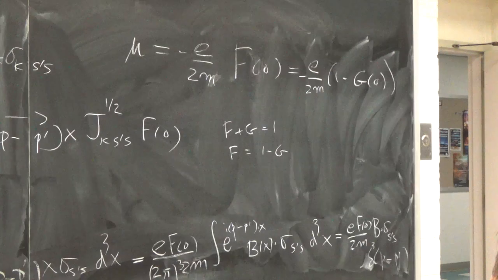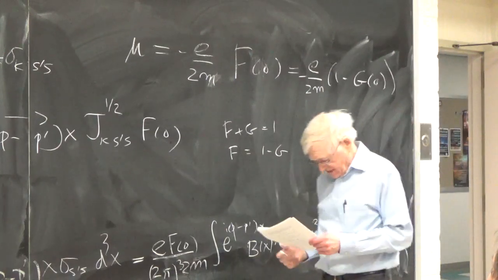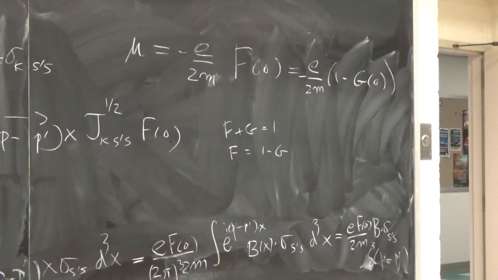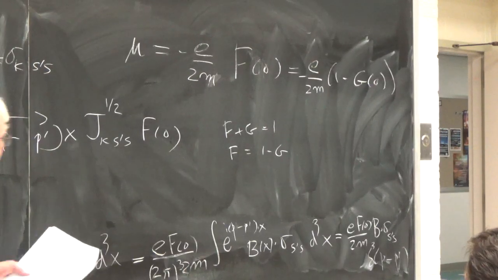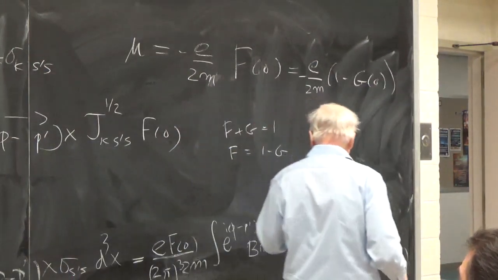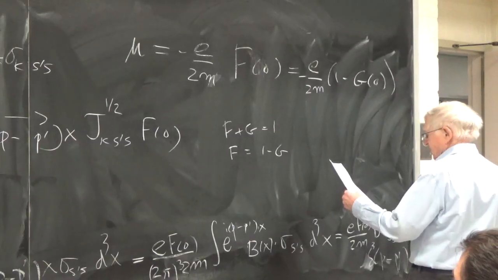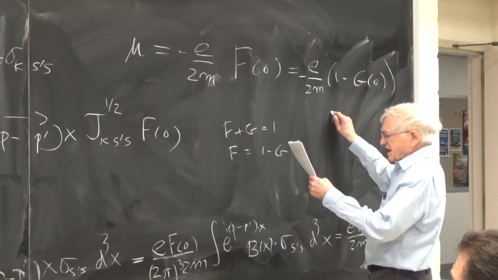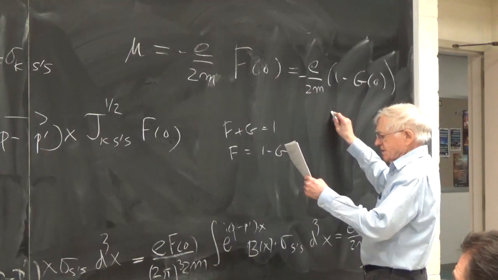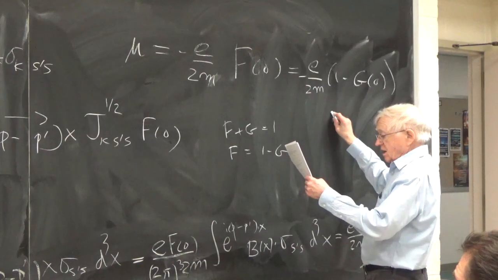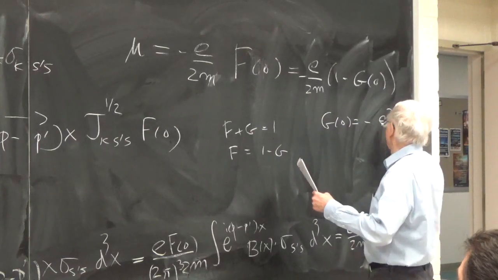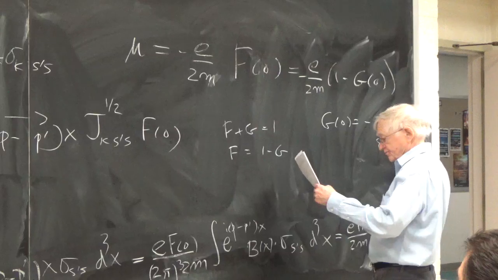But what people typically do is ignore the minus sign. All right, anyway, we got Weinberg. The lowest order result when we did the calculation on Monday was that g of 0 was minus e squared over 8 pi squared.